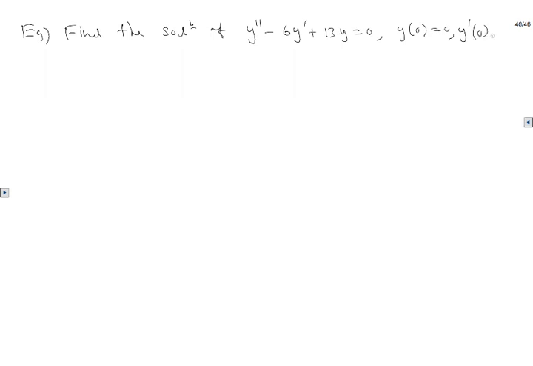For example, find the solution of y double prime minus 6y prime plus 13y equals 0 with y(0) equals 0 and y prime(0) equals 10. The approach is very similar. We start with the characteristic equation.